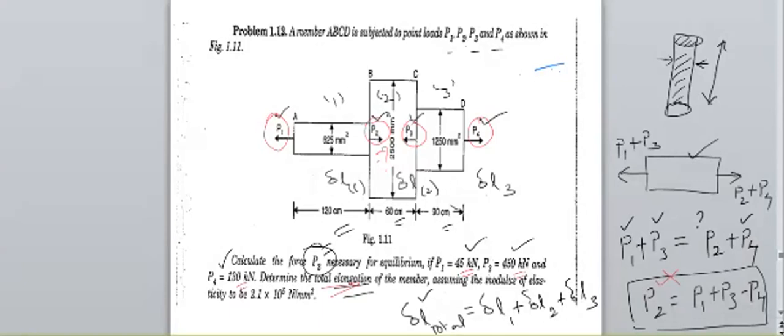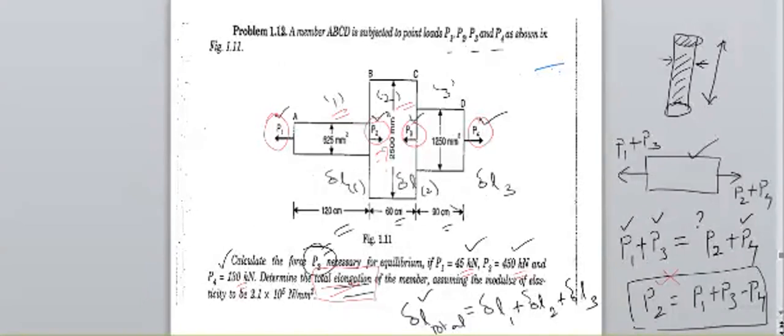And next, he is asking for the total elongation of the component. To find this, we need to separate the sections. That is, from A to B as the first section, from B to C as the second section, and from C to D as the third section. So three sections are available here.